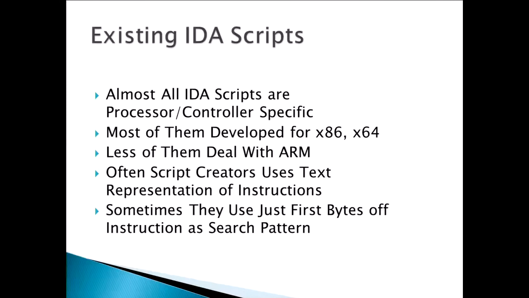Usually for PC software, less often for ARM, very often to search, script creators use just the text representation of various instructions, variables, etc. Names of registers, they look at it as text.